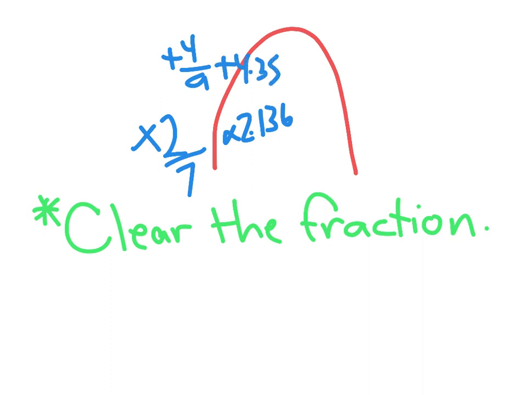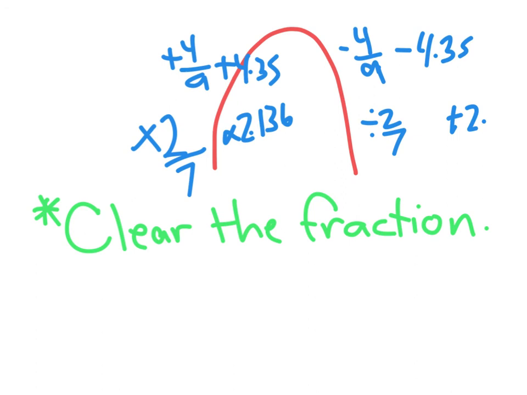You're just going to do the opposite. Subtract 4/9 or subtract 4.35. Divide by 2/7 or divide by 2.136. It doesn't really change what we do. It just makes sure we are being able to deal with those fractions and decimals, other types of rational coefficients.